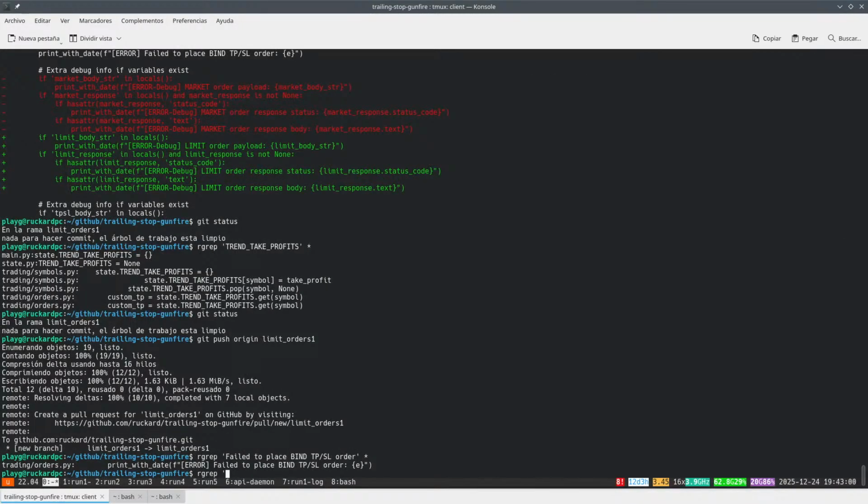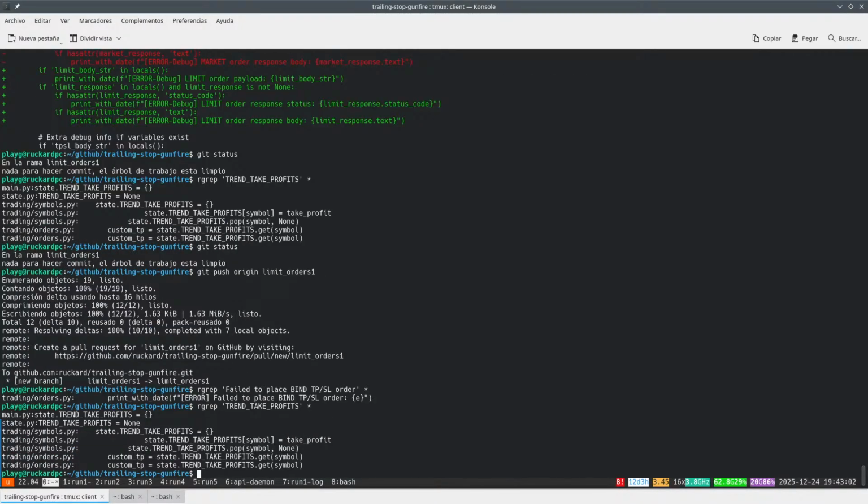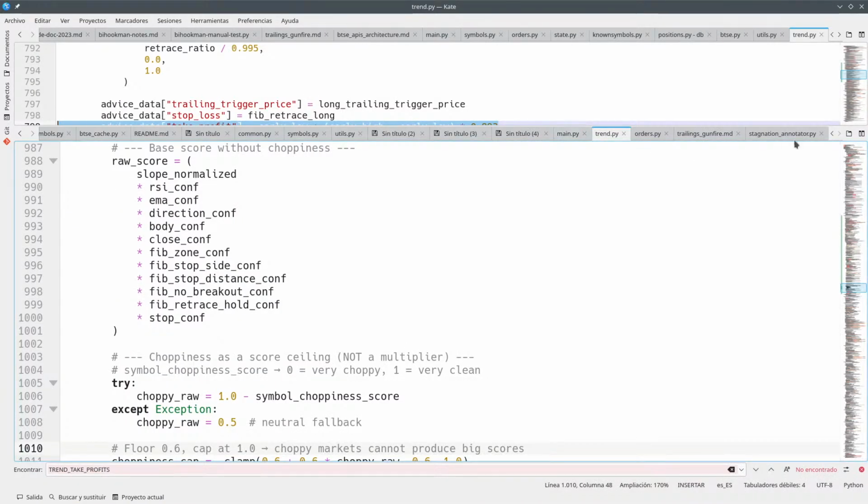Because trading symbols. This is done from trading symbols.